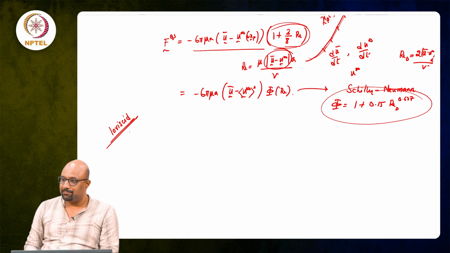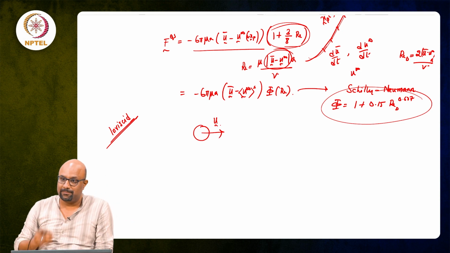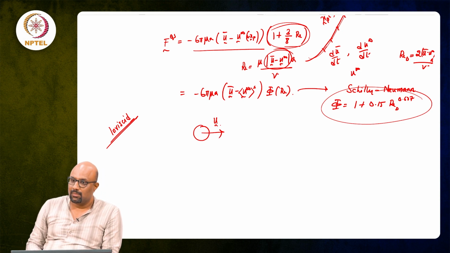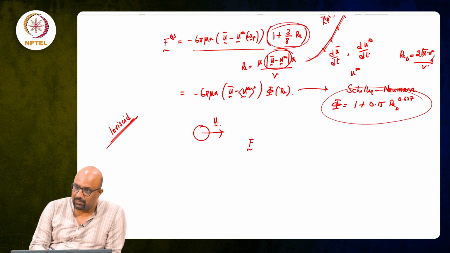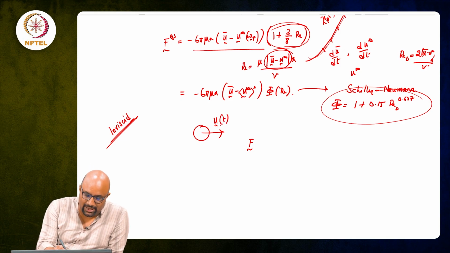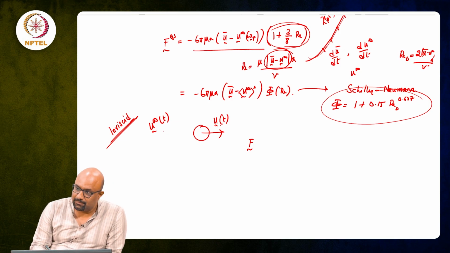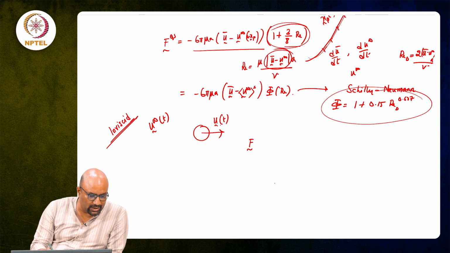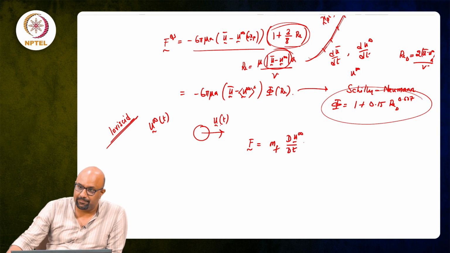And if you try to calculate the force that it is going to experience, we already know that if you were to do potential flow, then there would be an added mass term, if u was a function of time in a background flow that is also varying with time. But if the flow is rotational, then you are going to experience a force which is mf du infinity dt.